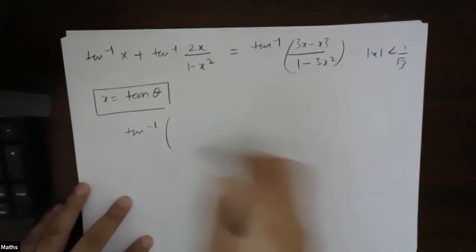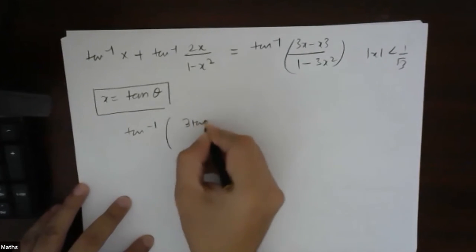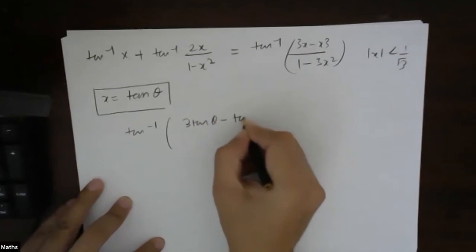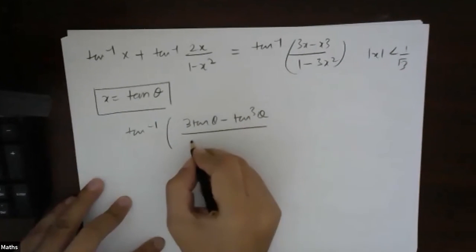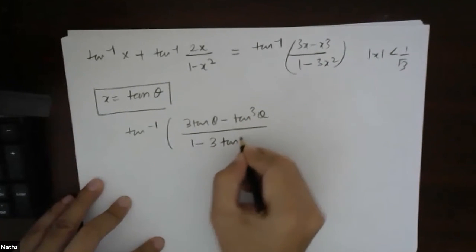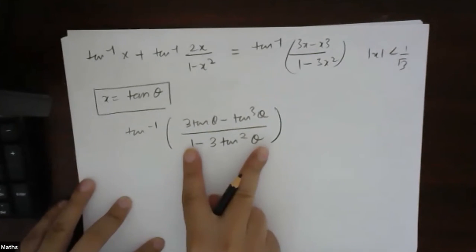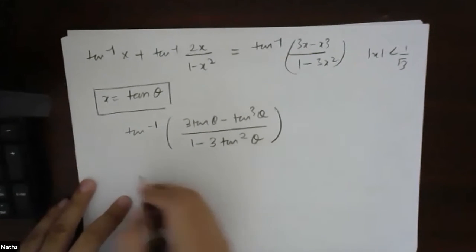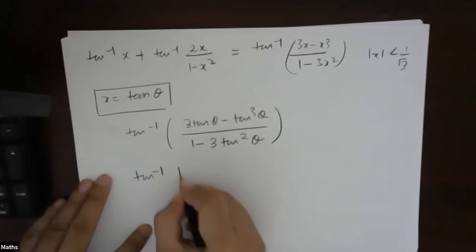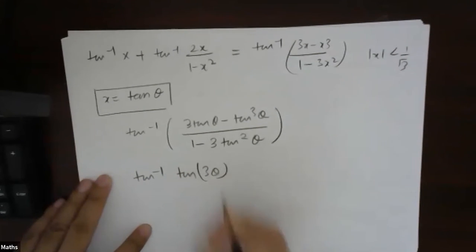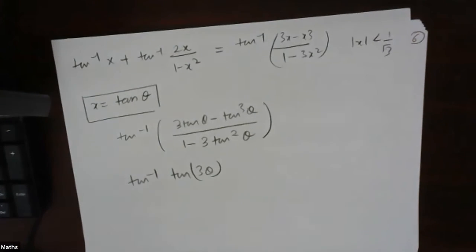So tan inverse of this thing will become 3 tan theta minus tan cube theta upon 1 minus 3 tan square theta, right? This is nothing but tan of 3 theta. We know this formula for tan of 3 theta. So this will become tan inverse of tan of 3 theta, which simply becomes 3 theta.